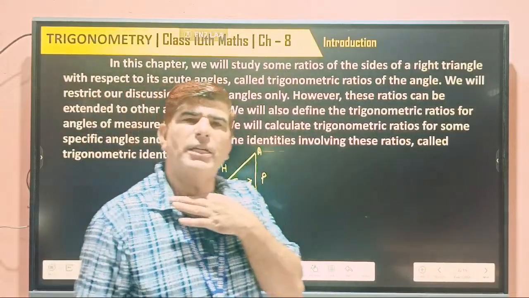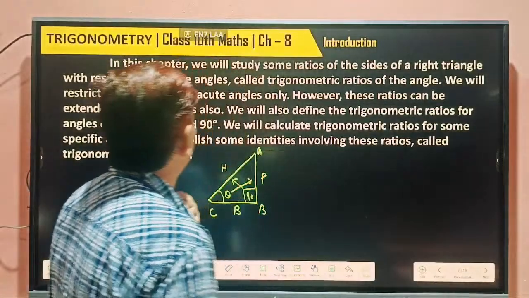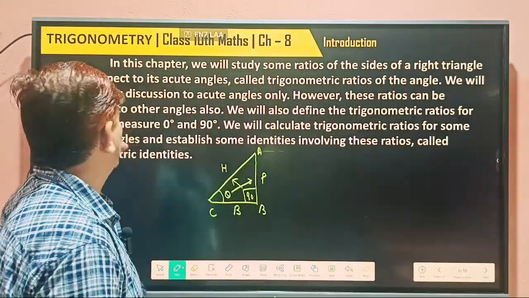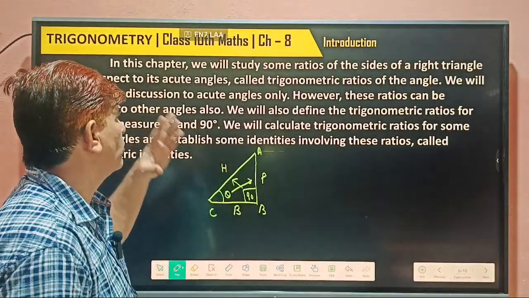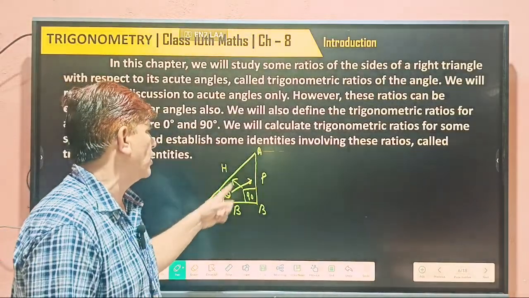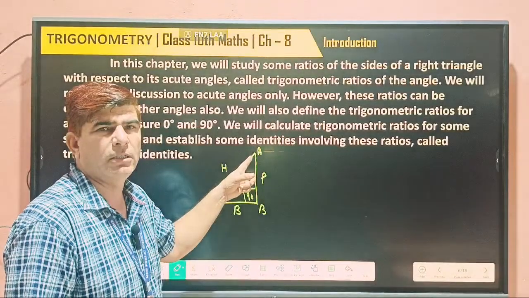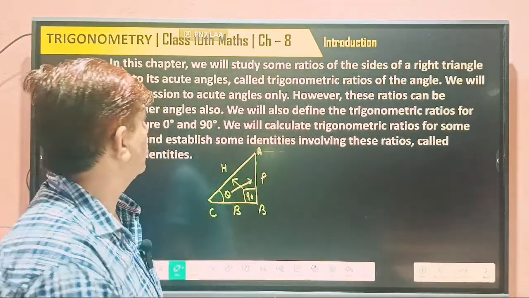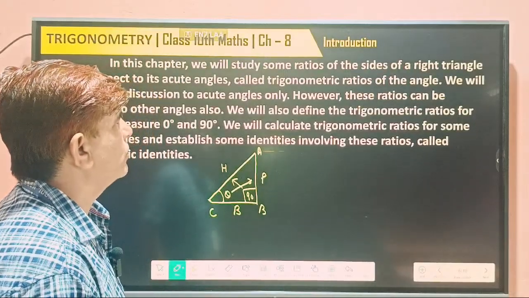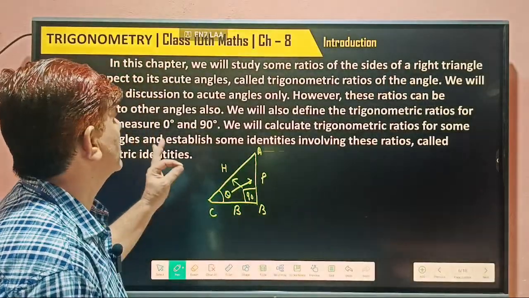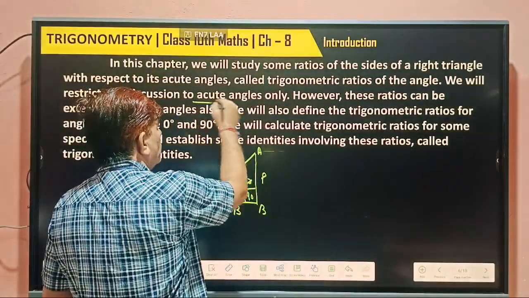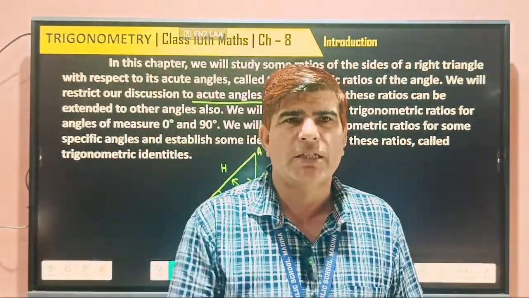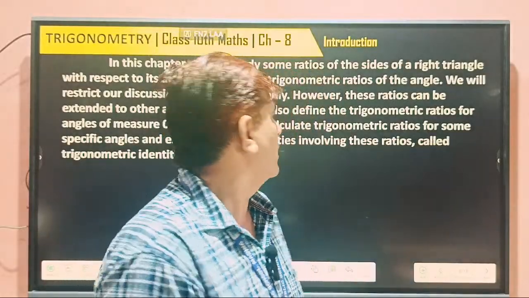In this chapter, we will study some ratios of the sides of right triangles with respect to an acute angle. Which acute angle? This acute angle or this acute angle? An acute angle is less than 90 degrees and more than 0 degrees. These are called trigonometric ratios of the angle. We will restrict our discussion to only acute angles. So in this class, meaning 10th class, we will study the acute angles.